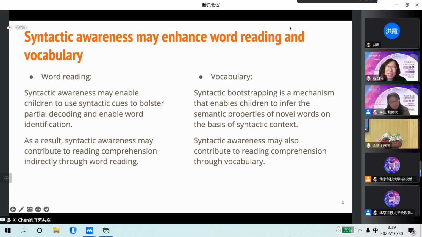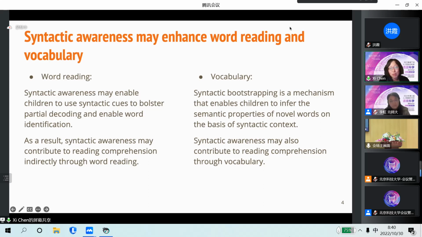So when this happens, it's possible that syntax can help them make an informed guess about the meaning and the pronunciation of the word. So you don't know the word vacuum, and the sentence is something like, oh, my mom bought a new vacuum cleaner today and she used it to clean the house. You know every other word in the sentence, but you don't know the word vacuum because it's a new word, but you're able to partially decode it.